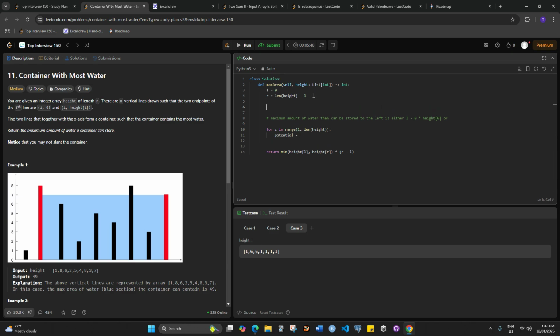You can just do max water equals 0, and then return max water.